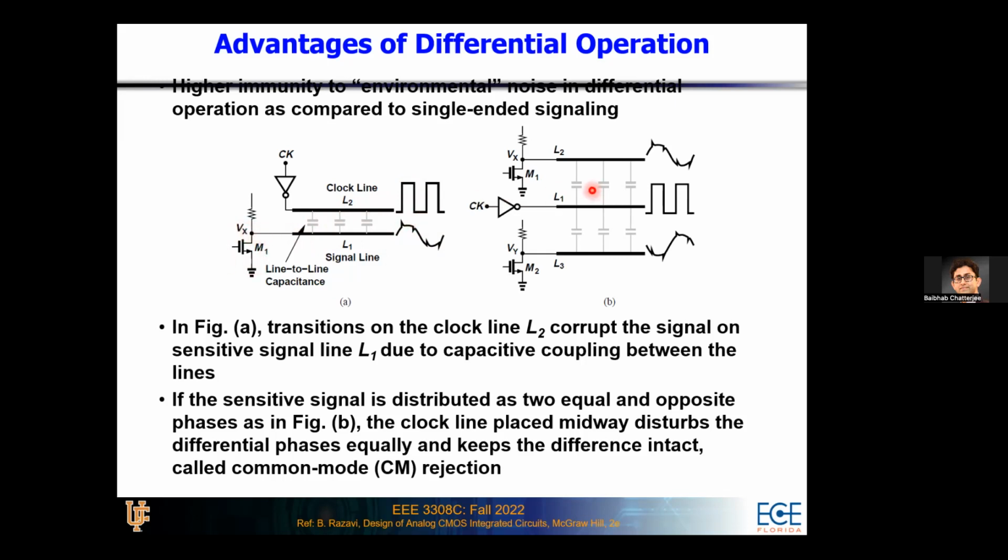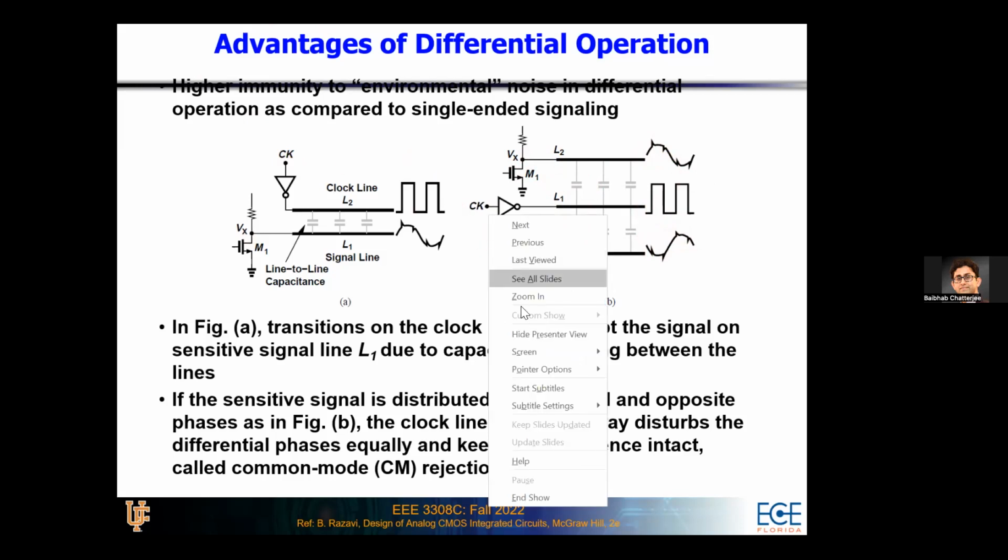But if you have differential signaling, which means you have two lines, let's say L2 and L3, these are your signal lines, and you have configured them so that they carry differential signals. So if one of the sine waves has 0-degree phase, the other sine wave will have 180-degree phase.